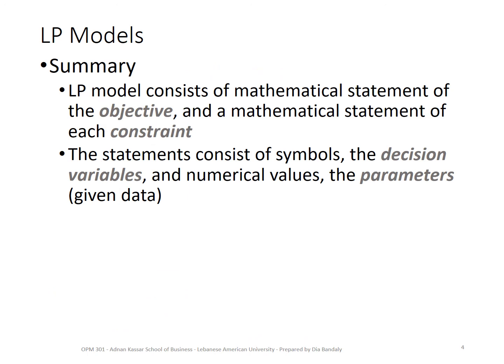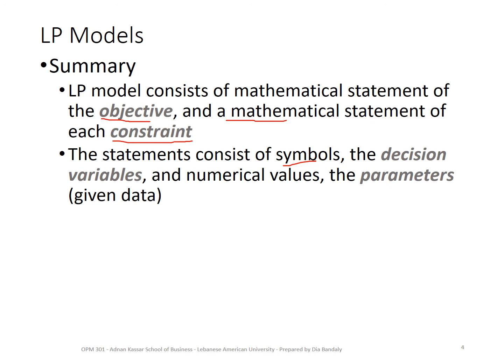So in summary, the LP model consists of a mathematical expression for the objective function, all right, and one mathematical expression for each of the constraints, as we have seen in the previous slides. Now, these mathematical expressions or statements consist of symbols and numbers, right?